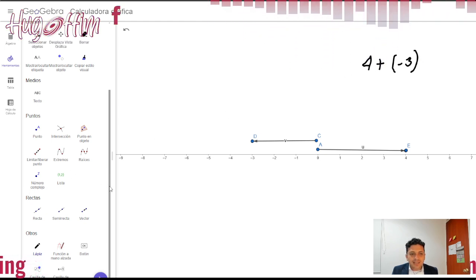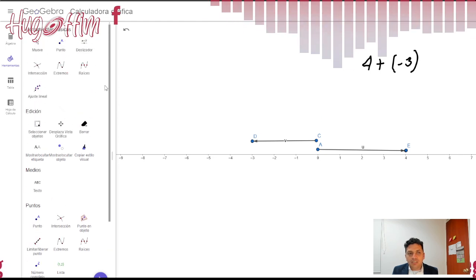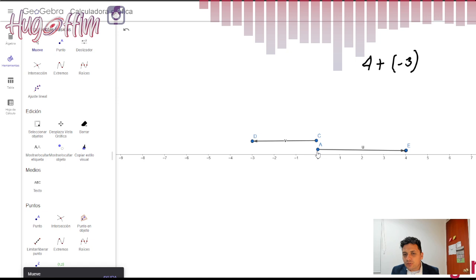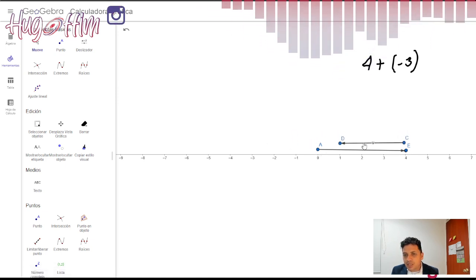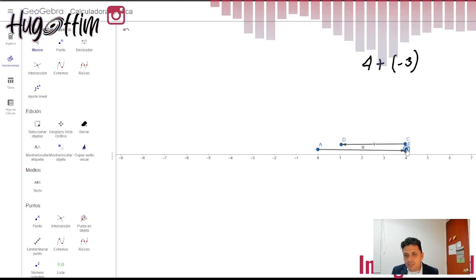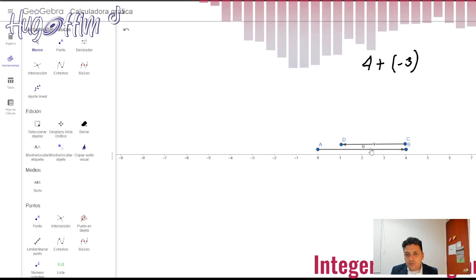Observe that if I follow the same strategy I used for positive numbers, I just need to take the arrow from 0 to 4, and put right next to it my arrow that represents negative 3. If I do this, what I'm doing is adding negative 3 to positive 4.